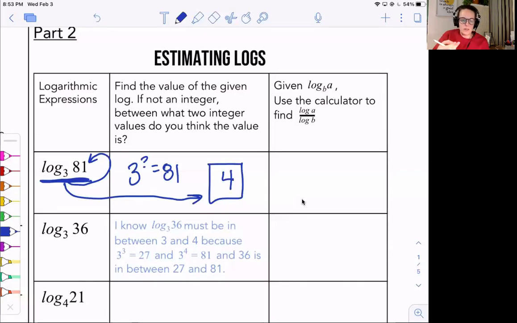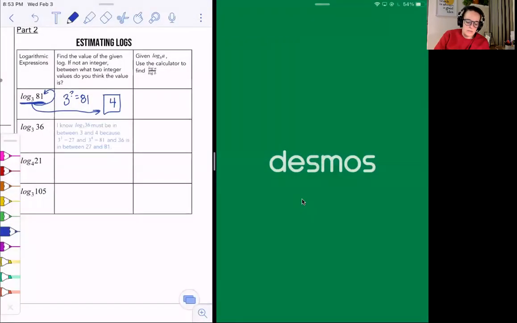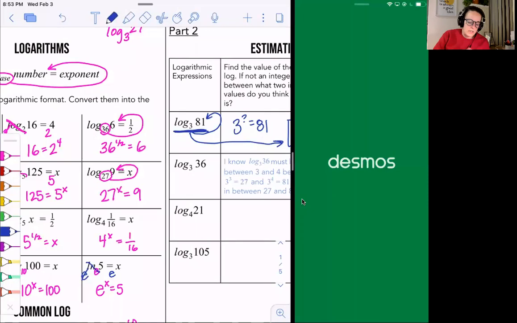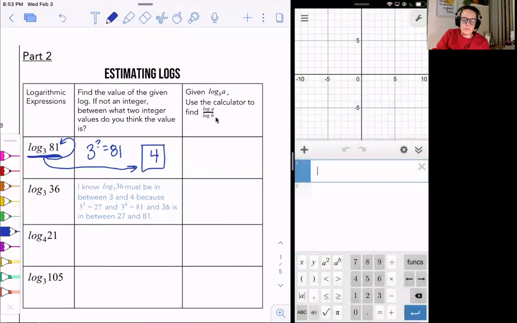It's called evaluating, right? If you wanted to do this in a calculator, there are a couple ways. On old school calculators, you would do log of the number over log of the base. So that would look like log of 81 over log of 3.